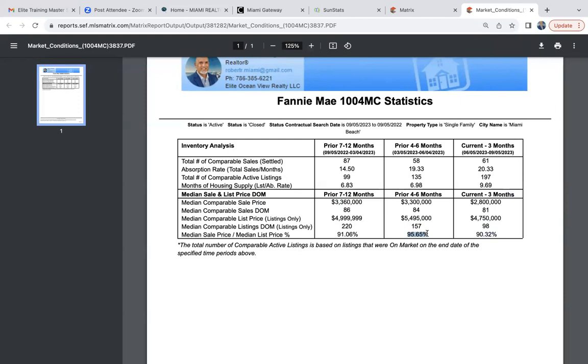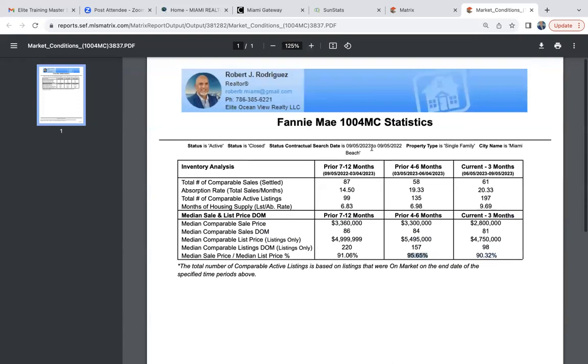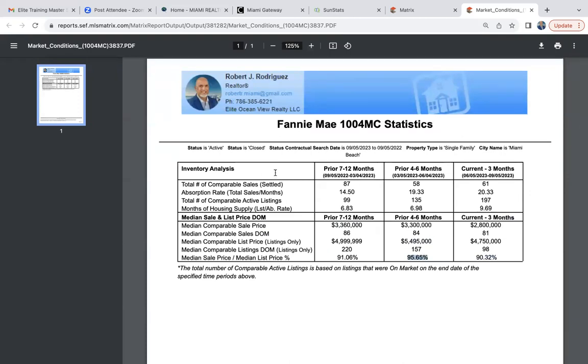So all of this information is an indication that we are truly in a buyer's market right now in Miami Beach. This report, of course, is the Fannie Mae 1004 market statistics or market condition statistics report, otherwise known as an inventory analysis.